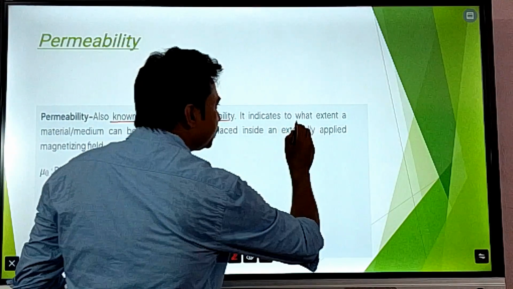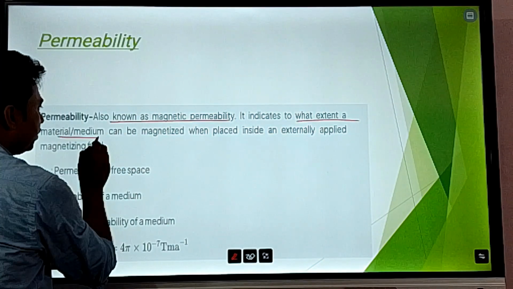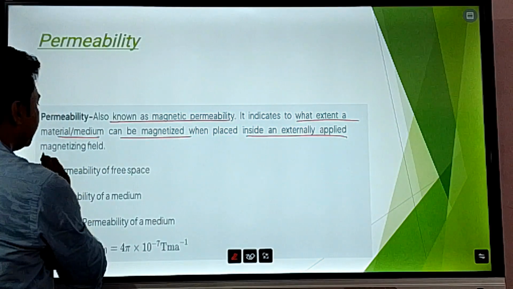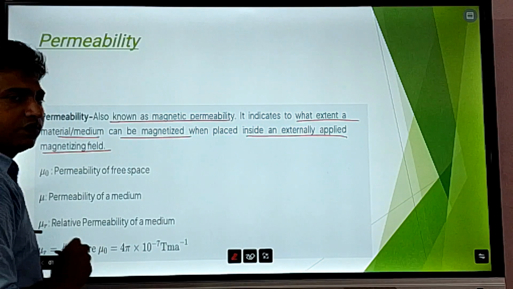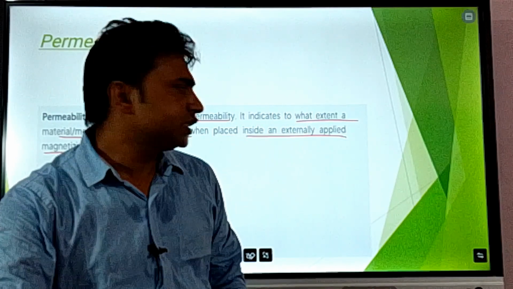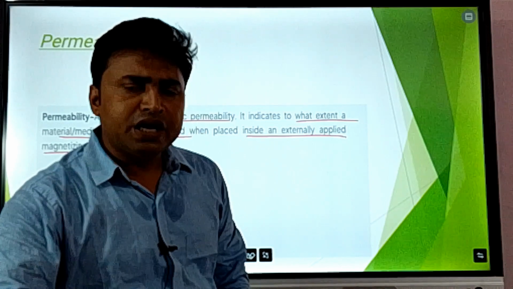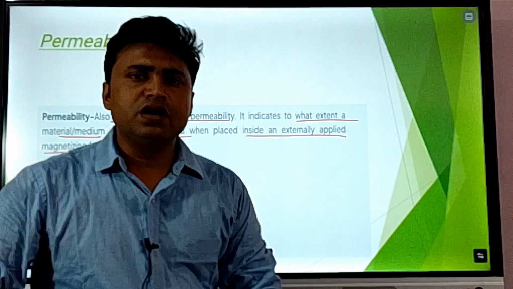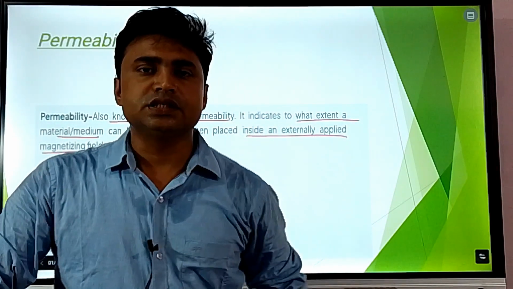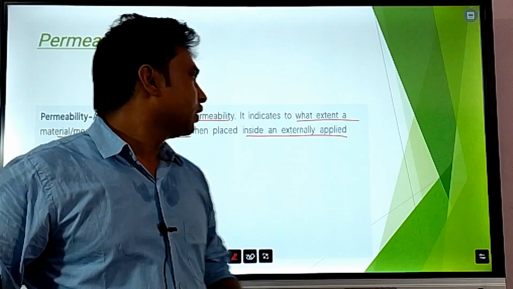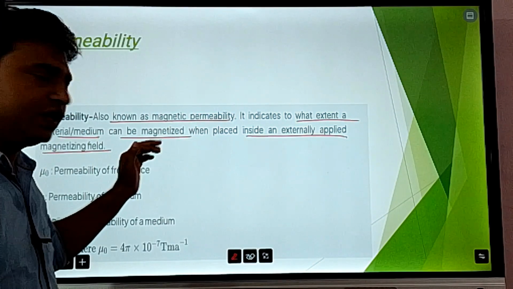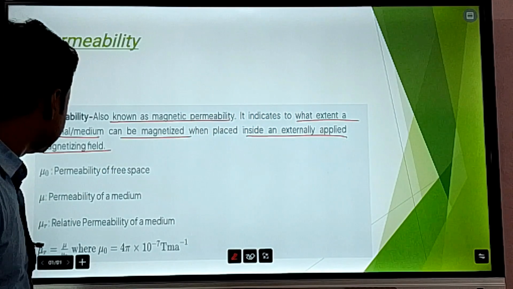It indicates to what extent a material or the medium can be magnetized when placed inside an externally applied magnetizing field. If we put any medium or material in an external magnetic field, it will tell us to what extent it is getting magnetized, and that represents the permeability.